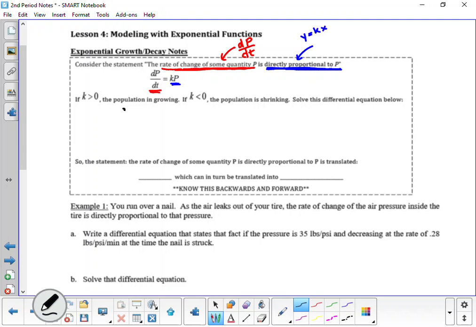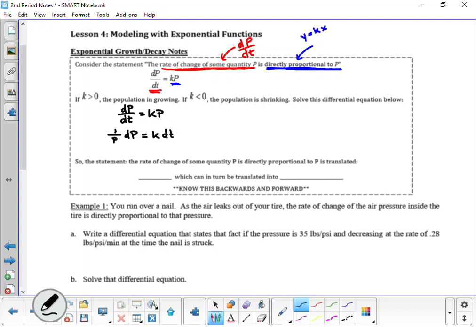So if I took dp dt equals kp, and I got all the p's on one side and all the t's on the other, I would have 1 over p dp equals k dt, right? From our separate and integrate section.